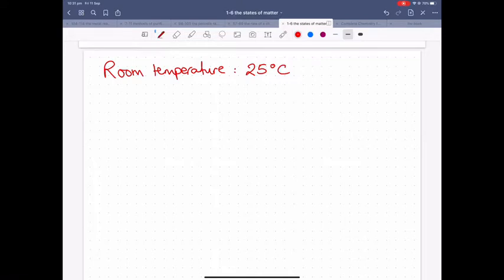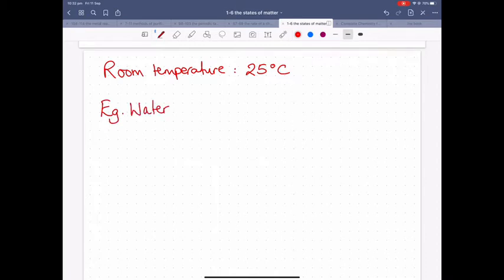So what you need to do is look at the melting and boiling point. Remember, melting point is the same as the freezing point, and the boiling point of the particular substance. For example, let's look at water.